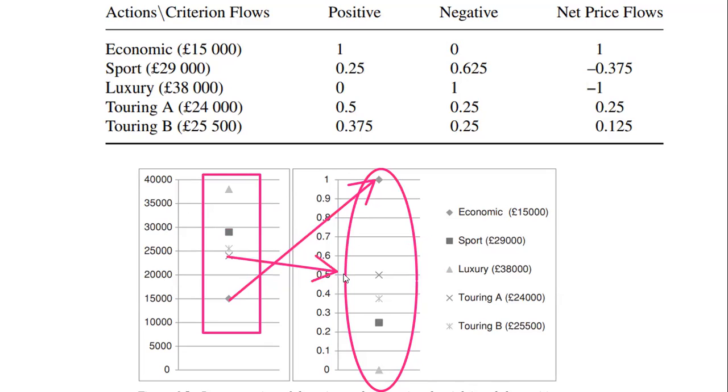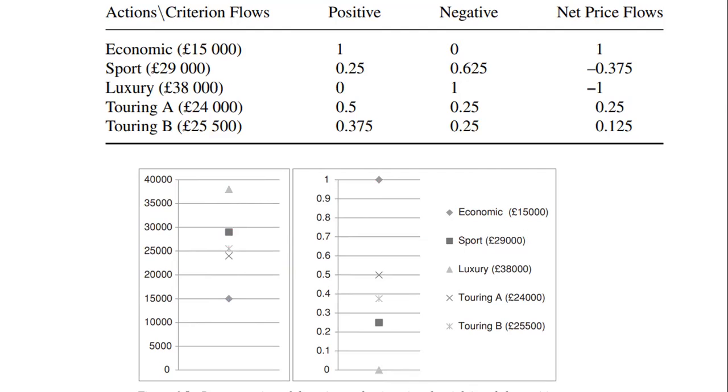The second one will be touring A, and then touring B, and then sport, and the one that is less preferable is the luxury car. That's how you use this ranking.